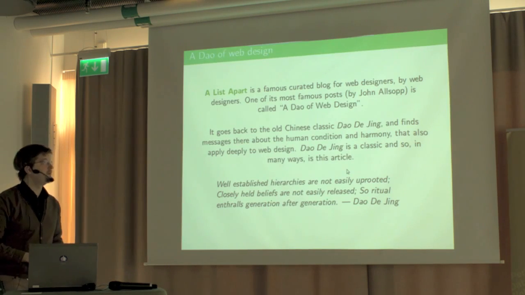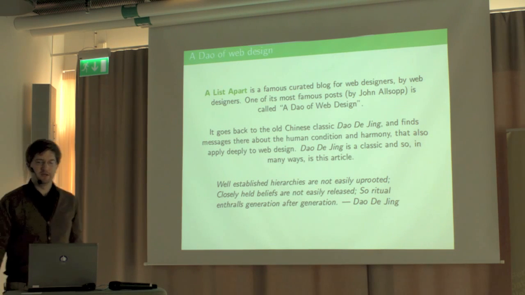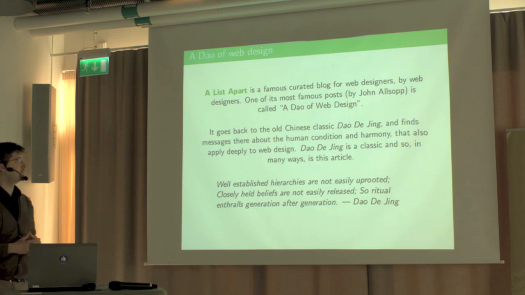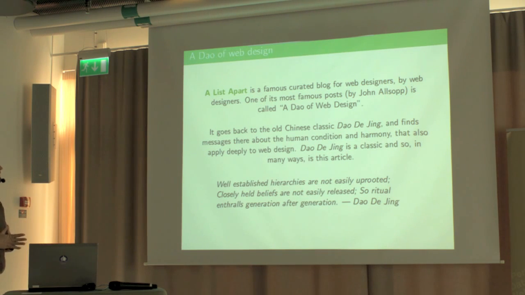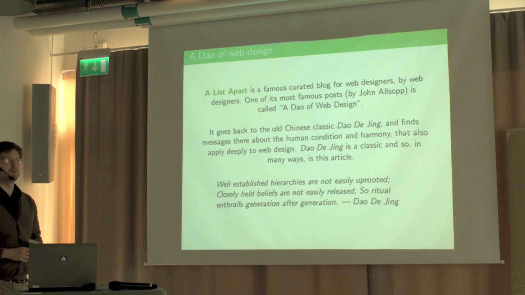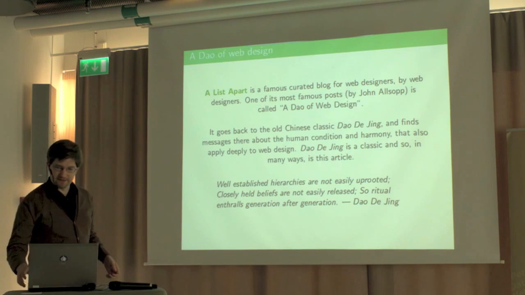And one of the old articles here goes back about 10 years or so. It nails most of the things that we are talking about today with responsive, and that's kind of refreshing. It actually succeeds in doing this by basing its wisdom on an old Chinese classic called Tao Te Ching.